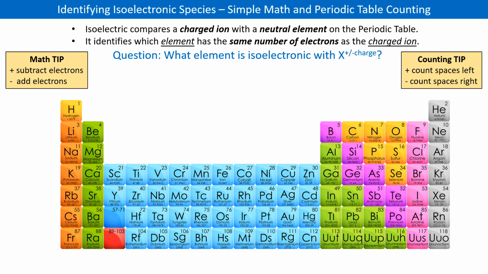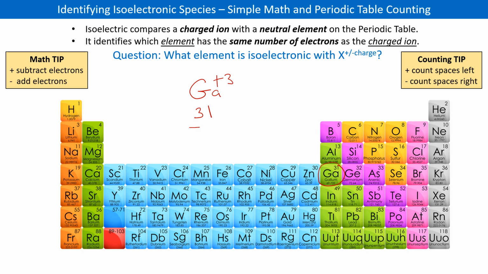Let's do another one. Let's do gallium plus 3. So if I have gallium plus 3, I find gallium on the periodic table. There's gallium. I write 31. Since it's a plus charge, plus means I subtract electrons.